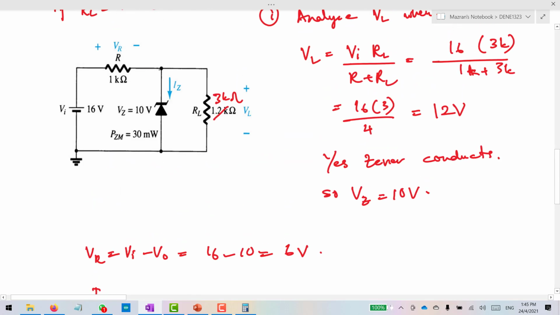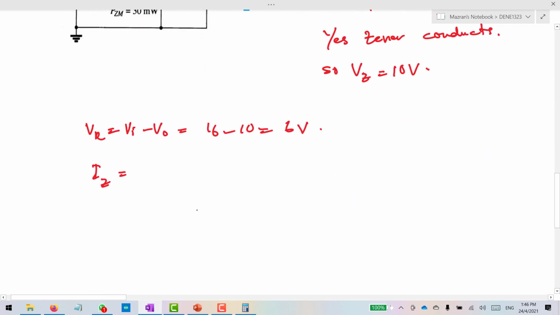We have to use this, not analysis. Here is IL, this is IZ, and this is IR. So to find IZ, let me put the equation. IR equals to IZ plus IL.